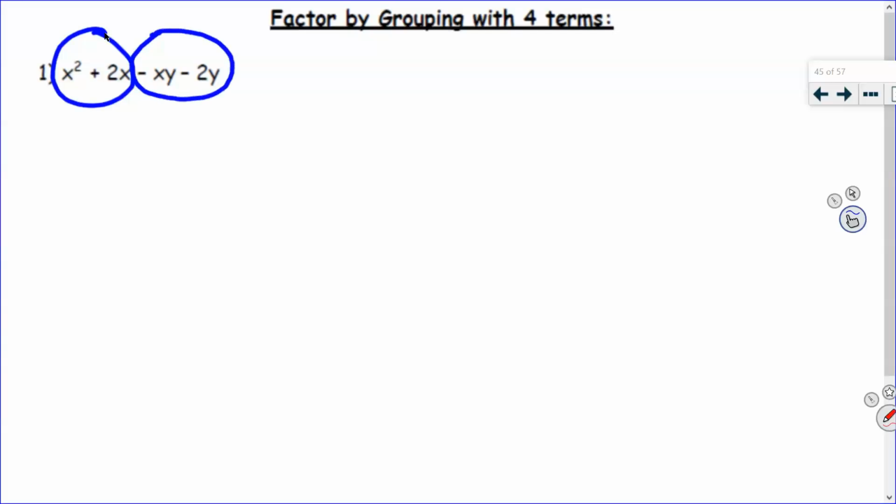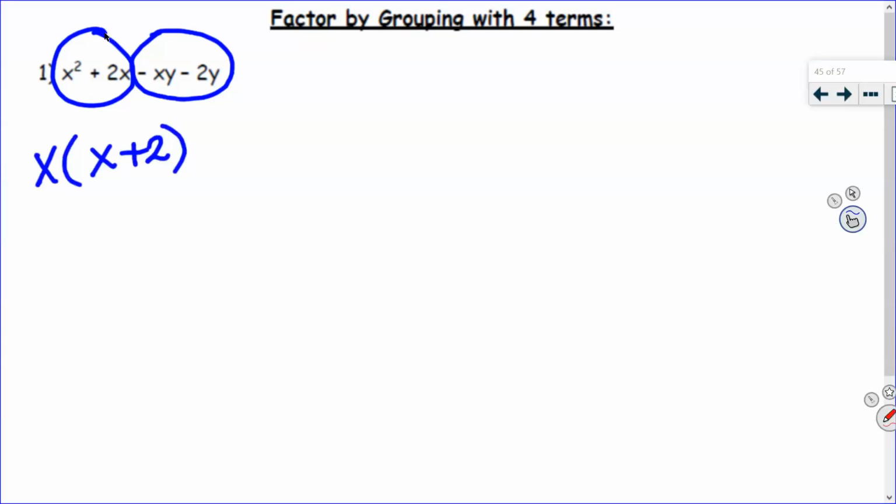And when you factor by grouping, there is a checkpoint to let you know you're always on the right track. So let's take a look at this first group. What can I take out of x squared plus 2x? Just an x, that's right. So when I take out an x, that's going to be x plus 2. Good.